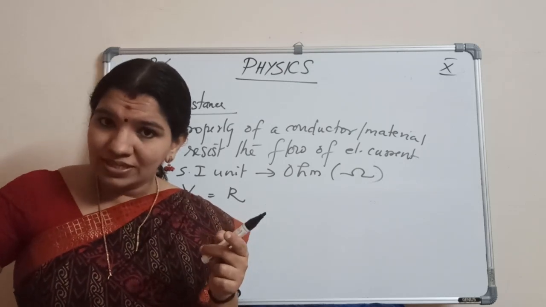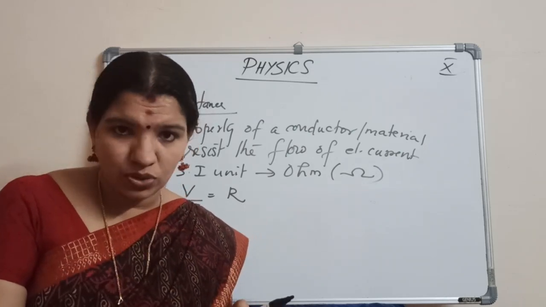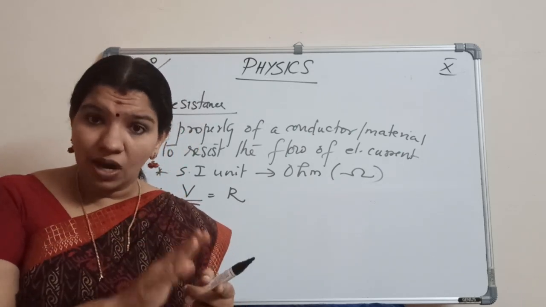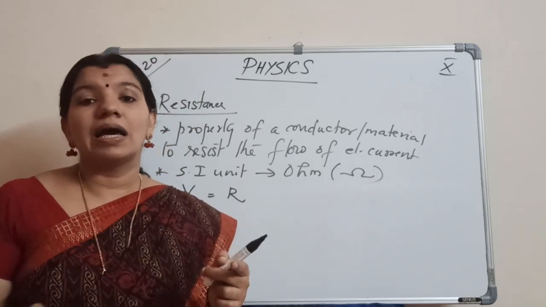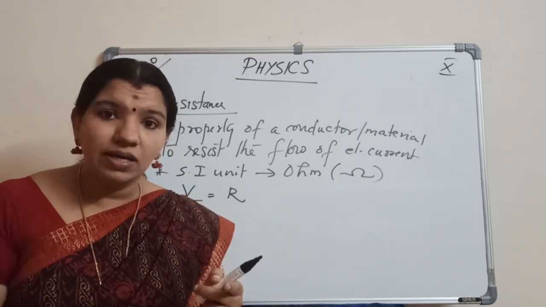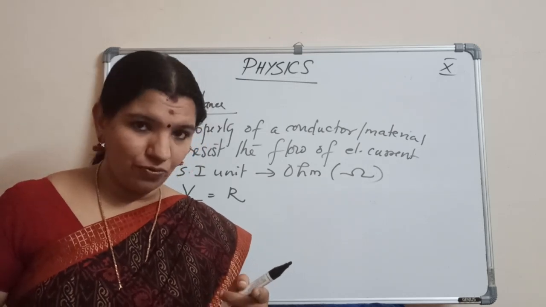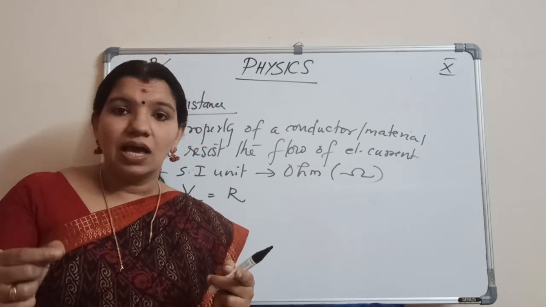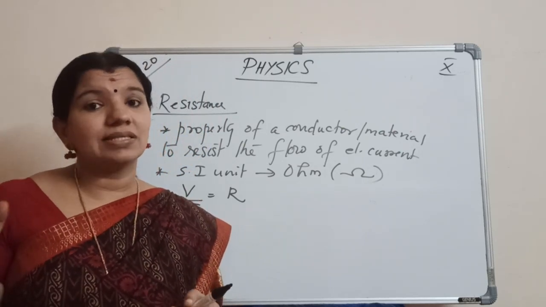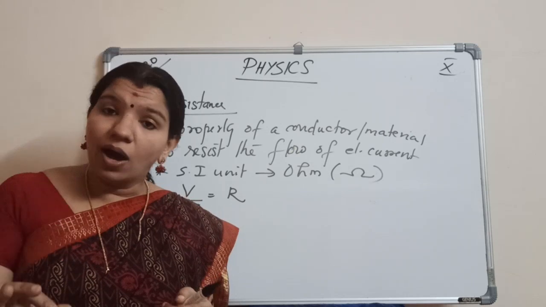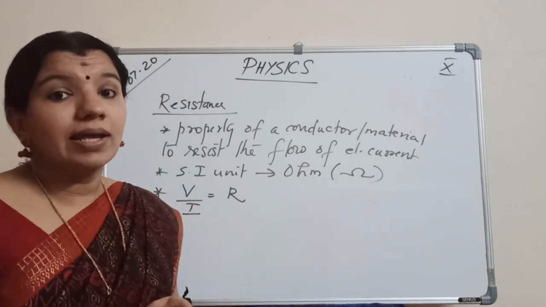Without changing the voltage source, it should change the current. It should regulate the flow of current. It can increase or decrease the flow of current. So such a device used in the electric circuit to increase or decrease the electric current without changing the voltage source is known as rheostat.